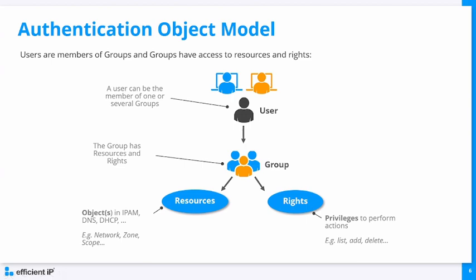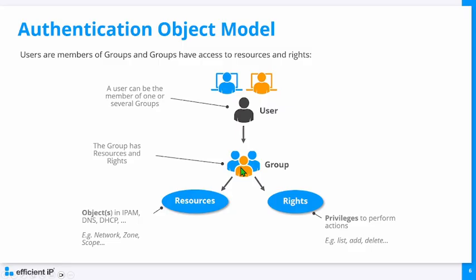See? So it's pretty simple, very straightforward. It's something like role-based access control. You define the group and then you add permission to the group, you add resource to the group, and then you add the user to the group. So the user that belongs to the group, when logging into the web UI, will be able to manage all the resources assigned to the group with the permission that is assigned as the right.